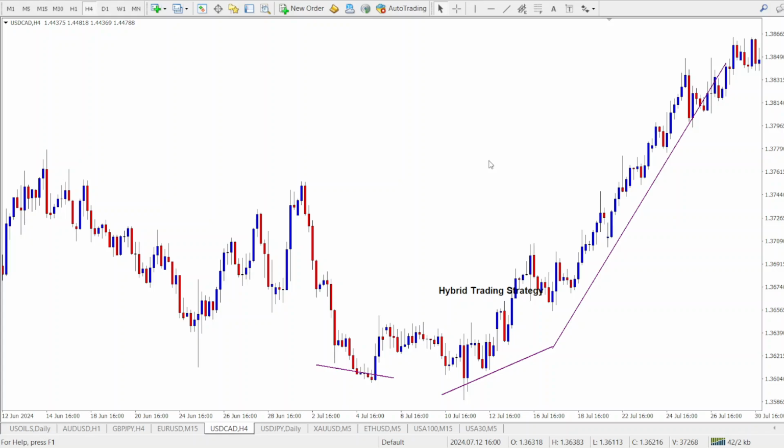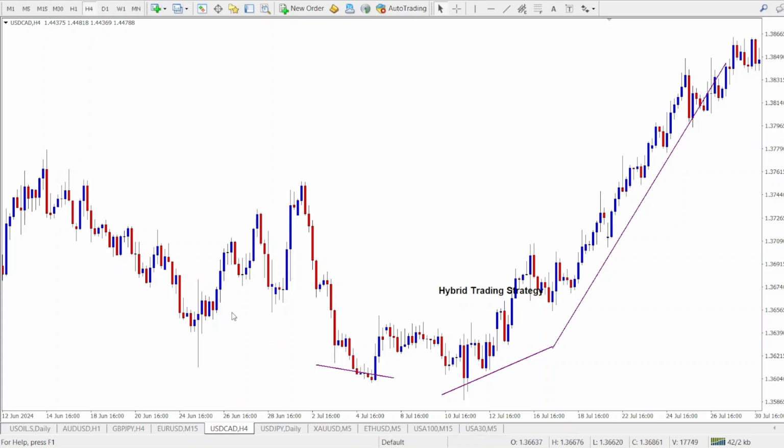Now, the fundamental idea of the hybrid trading strategy is to use fundamentals to understand the why behind market movements and technicals to pinpoint the when and where for your trades. A hybrid trading strategy combines technical analysis with fundamental analysis, of course.